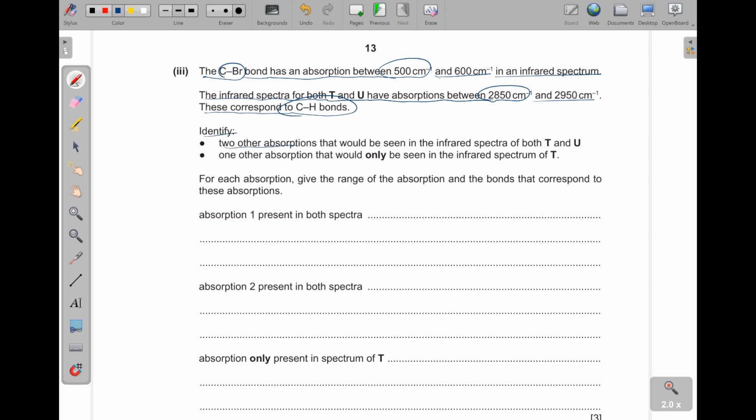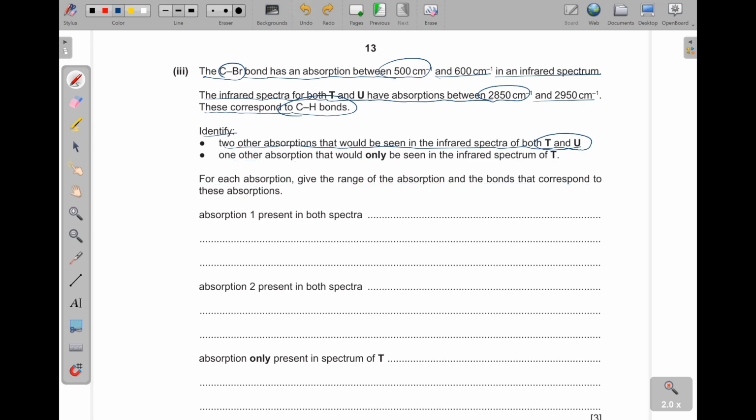Identify two other absorptions that would be seen in the infrared spectra of both T and U. One other absorption that would only be seen in the infrared spectrum of T. For each absorption, give the range of the absorption and the bonds that correspond to these absorptions.